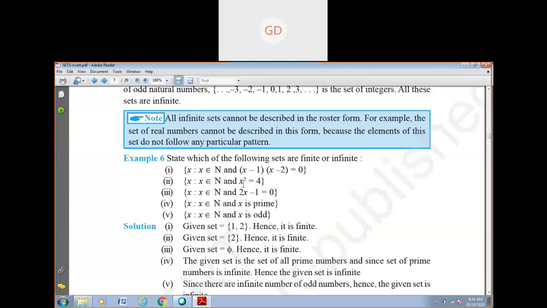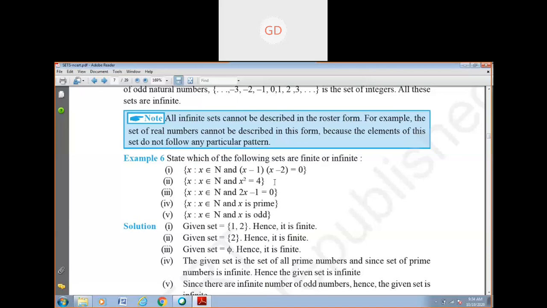If you put minus 2, square is 4. If you put 2, 2 square equal to 4. But the first condition is given, x is natural. To fulfill both conditions, we will have only one value of x, that is only 2, because minus 2 is not natural.